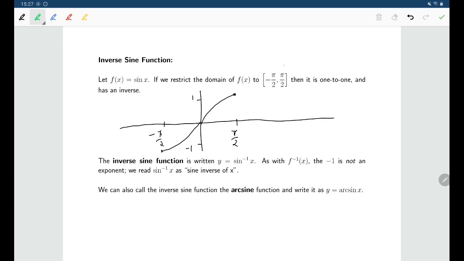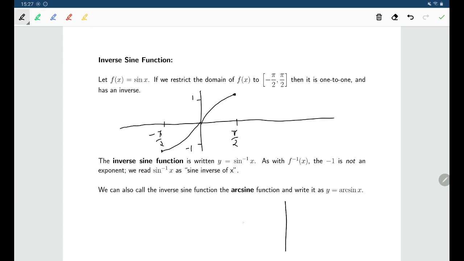This is fairly standard, though, for sine inverse, that we would be thinking about restricting the domain for sine to being from negative pi over 2 to pi over 2. The other part here, when I say negative pi over 2 to pi over 2, I do mean that quite literally.